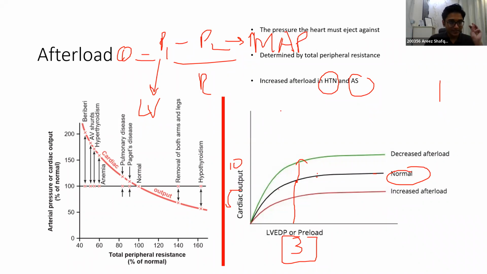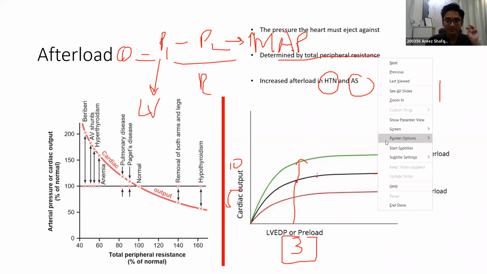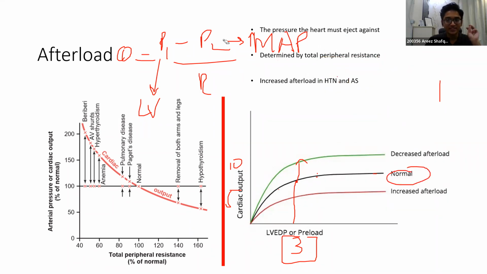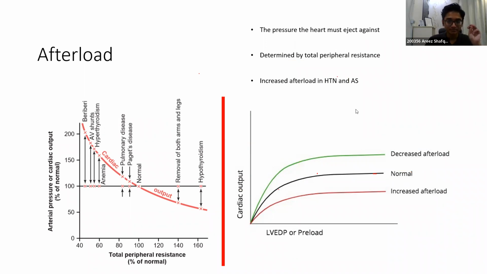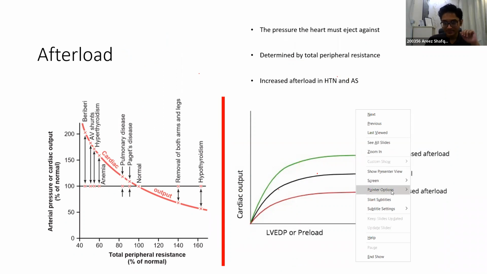Afterload is dependent on resistance. Okay, so afterload is determined by total peripheral resistance. If I decrease resistance, I decrease afterload and I increase cardiac output. I'm not touching the preload. If I'm not touching the preload and I'm increasing cardiac output, this is not Frank-Starling. Does this make sense?